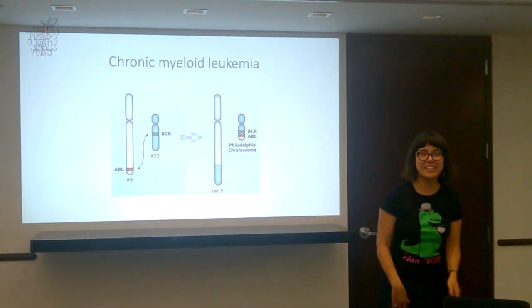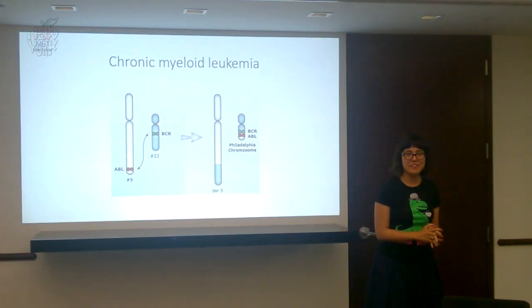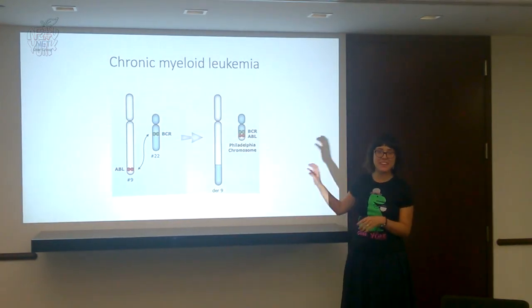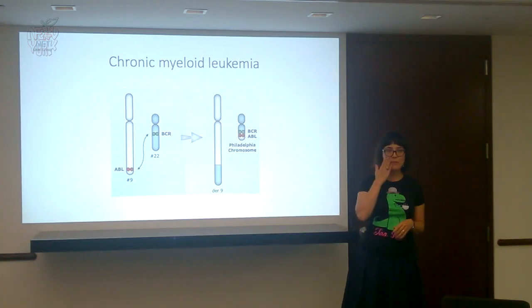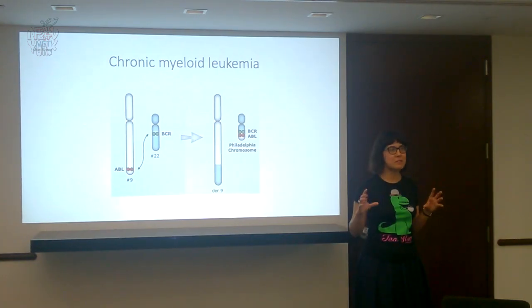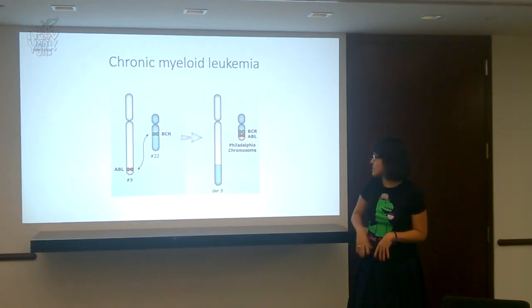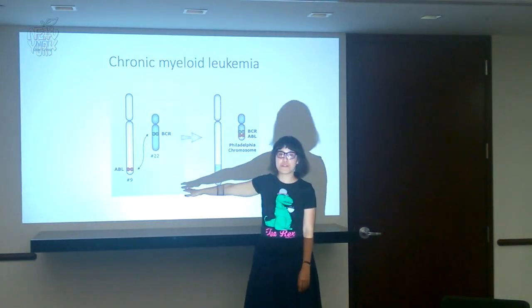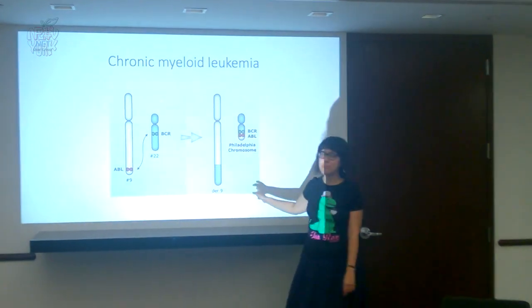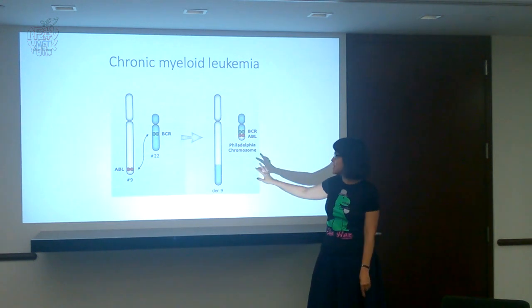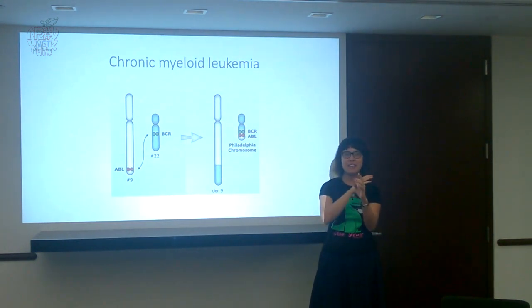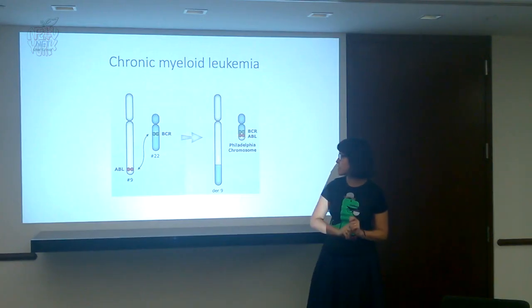Anyway, they used it in cancer research as well. And they used it for one type of cancer called chronic myeloid leukemia, which is very simple from a system point of view. So this is a normal situation where you have chromosome 9 and chromosome 22. And what happens in this type of leukemia is that these two chromosomes cross over and they exchange their parts.